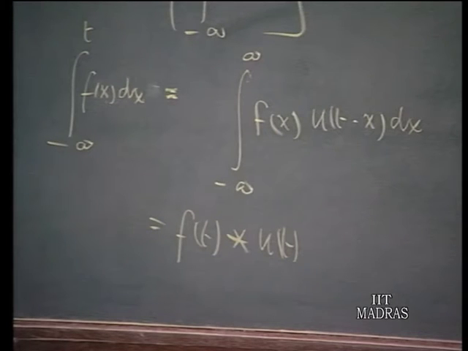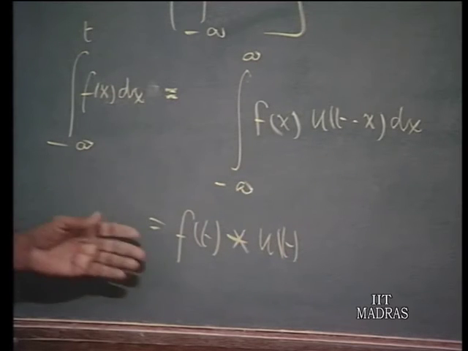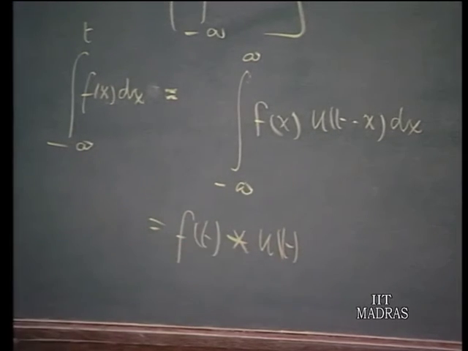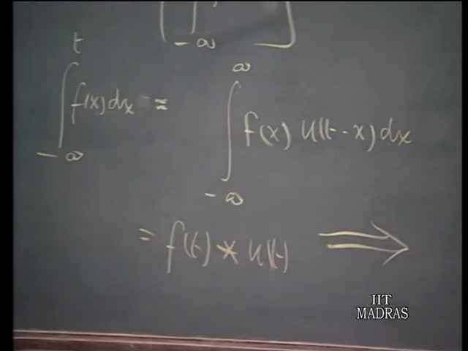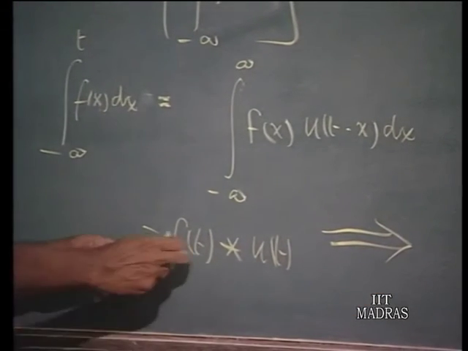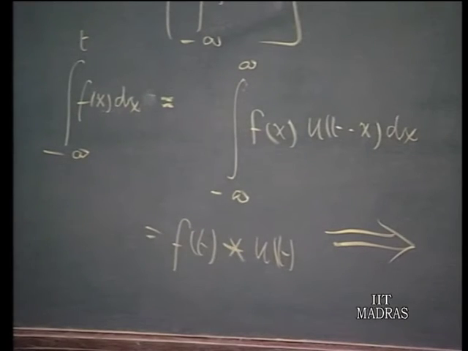Therefore, we observe that the integral of f of t from minus infinity to t is equivalent to convolving f of t with u of t. And we know from the convolution rule that the Fourier transform of this is obtained by multiplication of these two Fourier transforms.